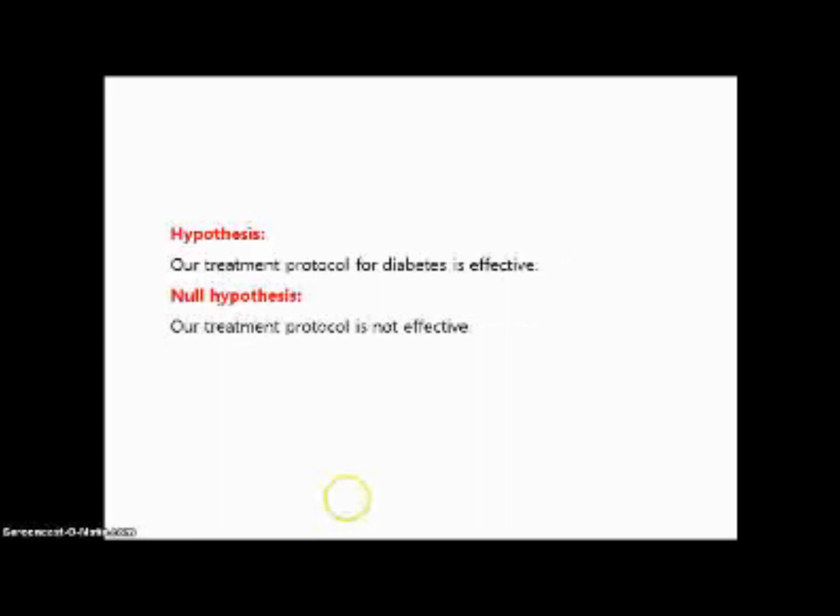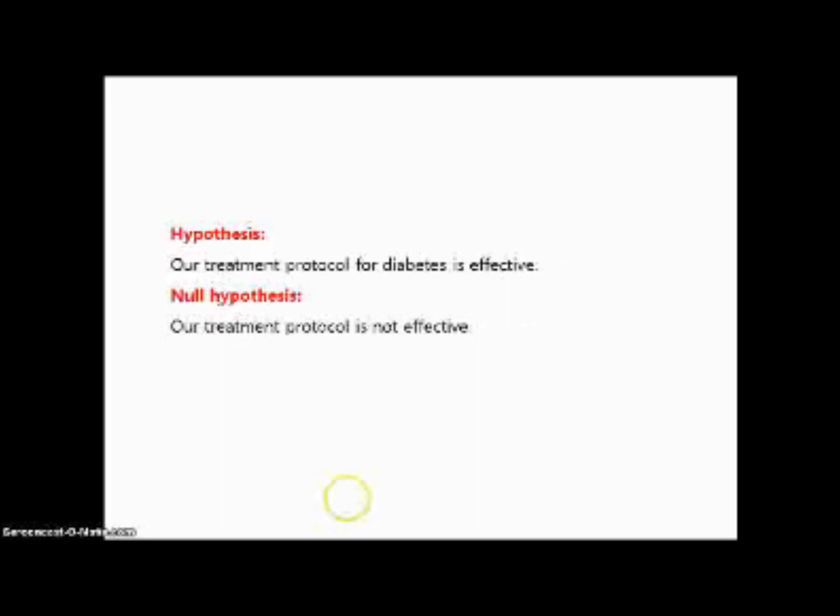So we can only disprove or reject our null hypothesis, but we can't ever really accept our hypothesis. So if the data that we collect are significantly different from the expected numbers that we have calculated based on Mendelian principles, we are able to disprove our null hypothesis, such that our hypothesis is actually supported.